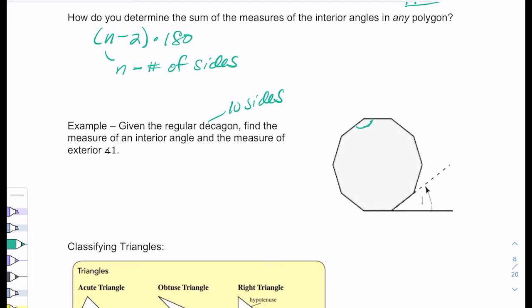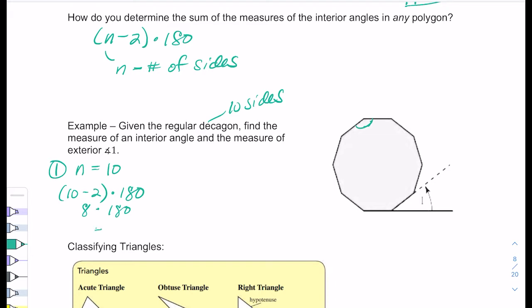So in order to figure out how many degrees each of those angles is, the first thing I need to do is figure out how many degrees is inside that entire decagon. So I know that a decagon has 10 sides, so n is going to be 10. So I'm going to do 10 minus 2 times 180. And 10 minus 2 is 8. And I'm just going to multiply that by 180.